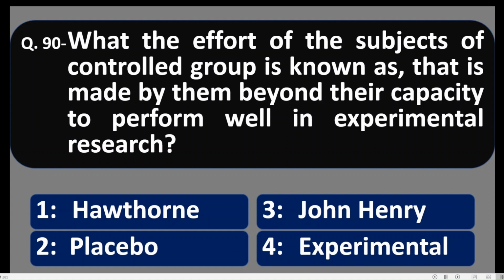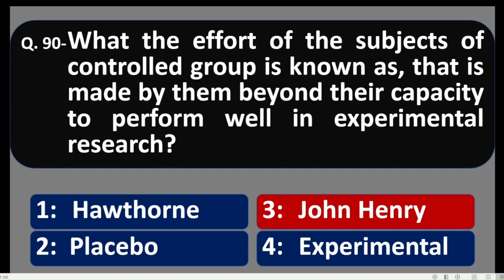If the subjects of control group try to make effort to perform well beyond their capacity, then it is called John Henry effect. And this process is called John Henryism.